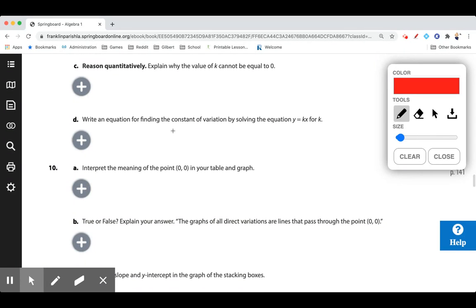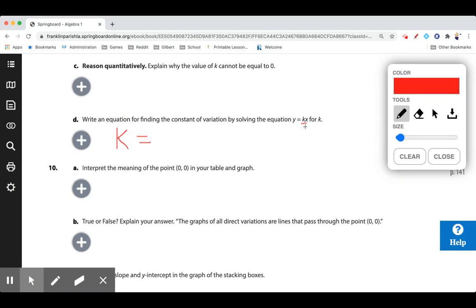Write an equation for finding the constant of variation by solving this equation for k. Remember, we're going to solve this for k. That means I don't want this x here anymore. So how would I get rid of multiplying k by x?